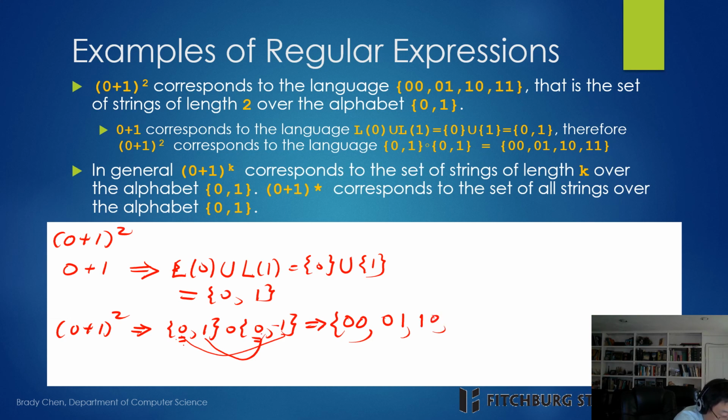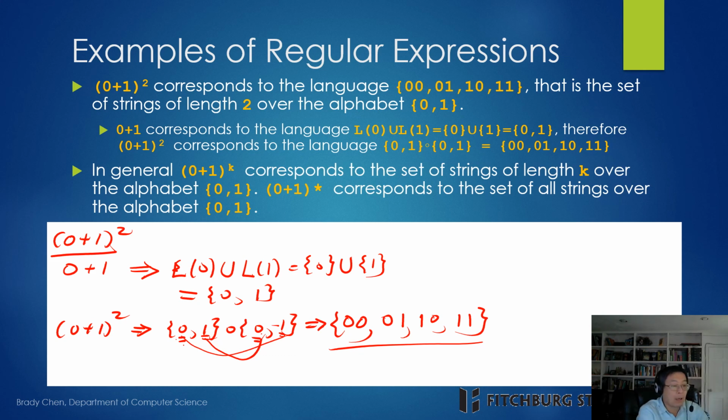This is the regular expression corresponding to the language 00, 01, 10, 11. So that's the set of strings of length 2 over the alphabet 0 and 1.